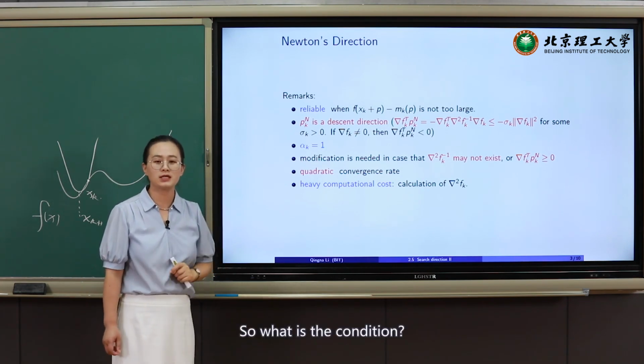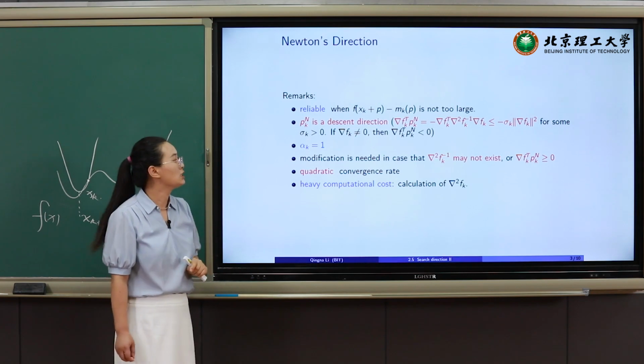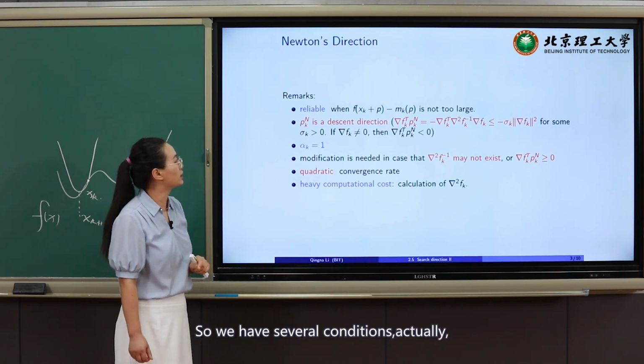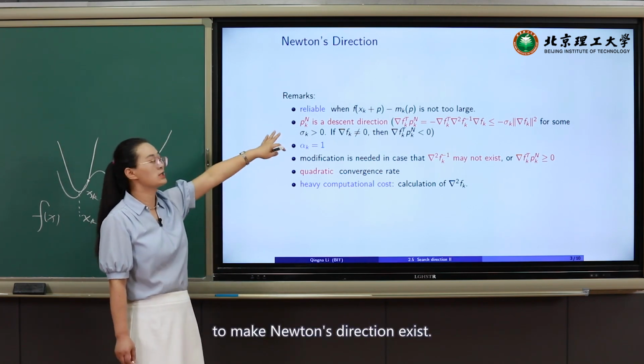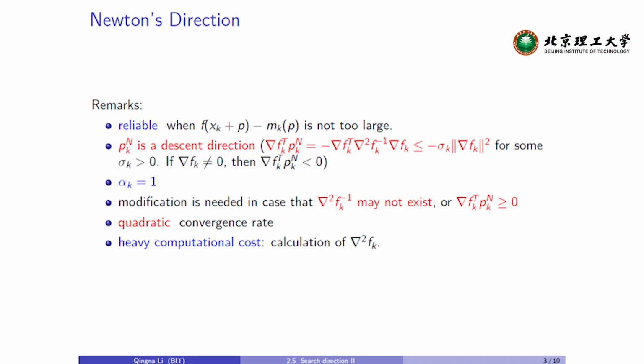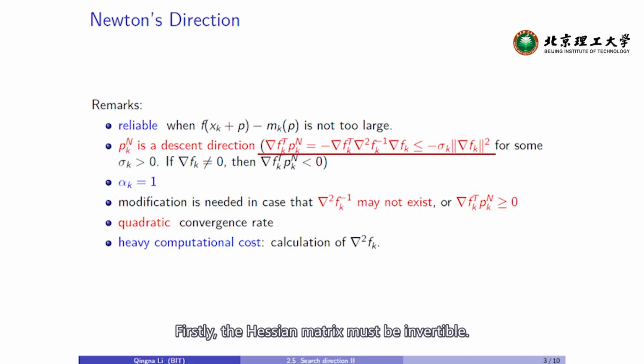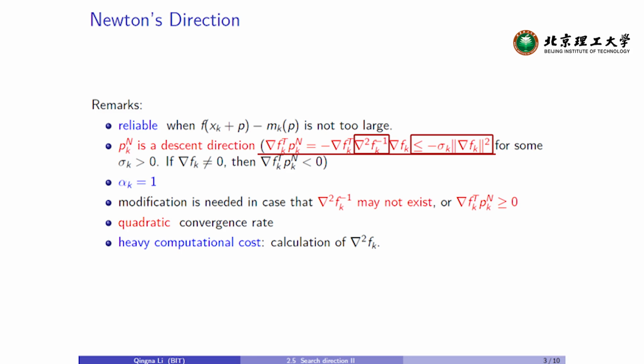So what are the conditions? Firstly, the Hessian matrix must be invertible. Secondly, the Hessian matrix must be positive definite to guarantee sufficient decrease. These are two assumptions to make Newton's direction a descent direction.